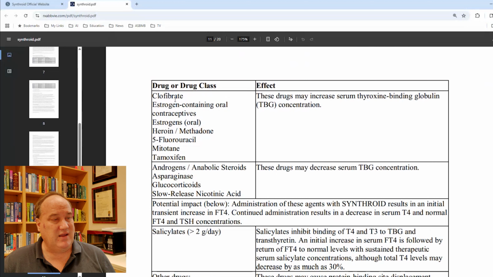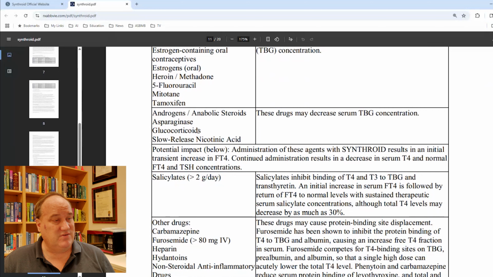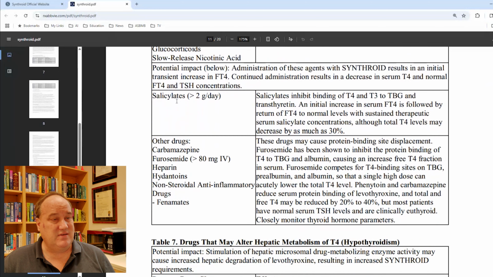So clofibrate, estrogens. If you have someone that's got an opiate addiction, that might be noted here because heroin and methadone are on this list. Tamoxifen, mitotane, androgens, asparaginase, salicylates, right? So these are aspirin-related medications.